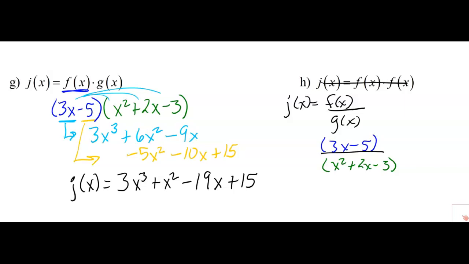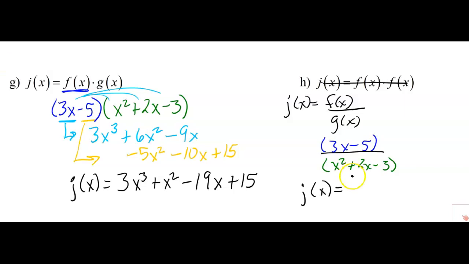Okay, so my final answer, since nothing's happening, I can't reduce anything, no common factors. A factor is the full set, so this is the factor, and that's what I need to reduce. Since those don't match, there's nothing I can do as far as making that problem look easier to deal with.